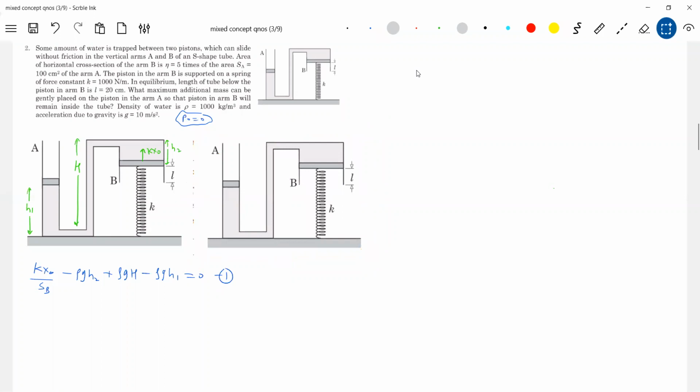Let me take it. After placing the load, okay, I think I can't draw.